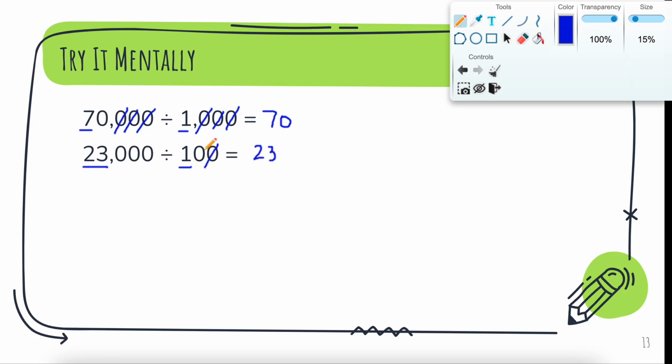This time I'm going to cross off 2 zeros from each number. Leaves me with 1 zero to make this 230. 6.1 divided by 10, so I do not have a zero to cancel out, so I need to shift place value to the left. So that decimal place needs to move one number, because there's 1 zero, one number to the left to make this 0.61.